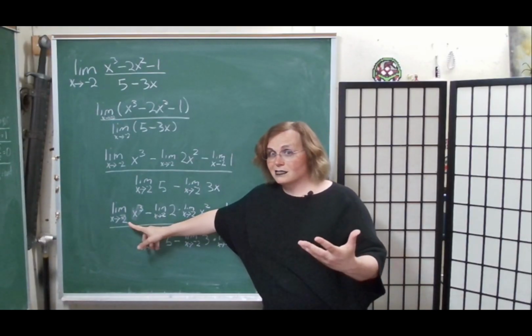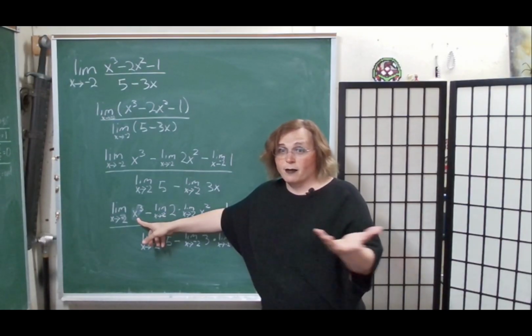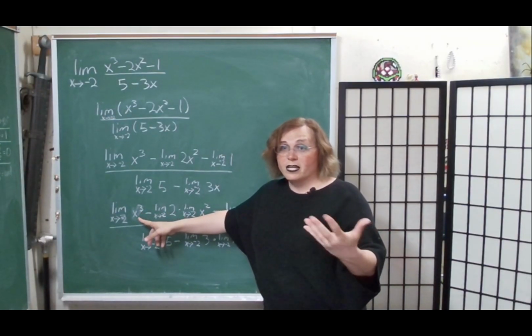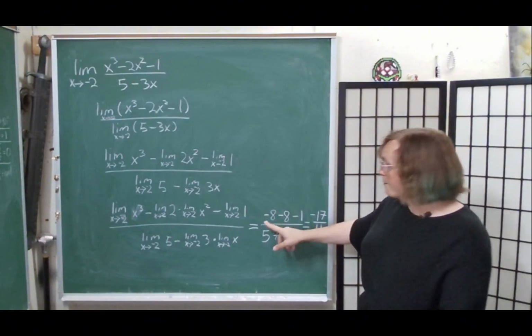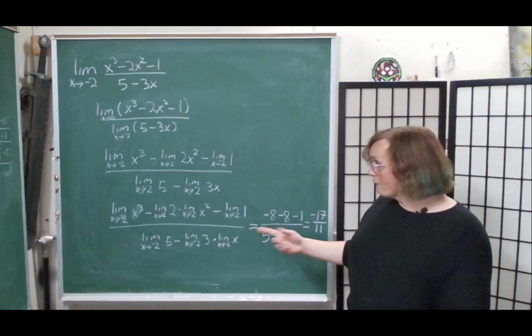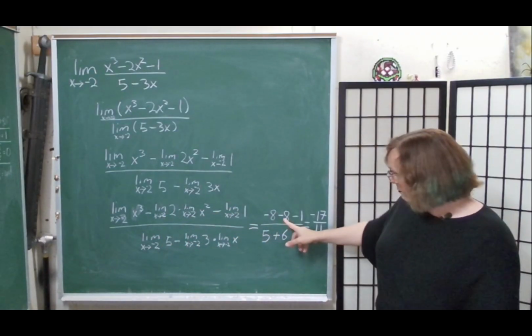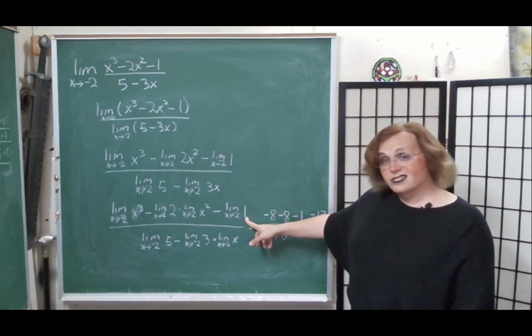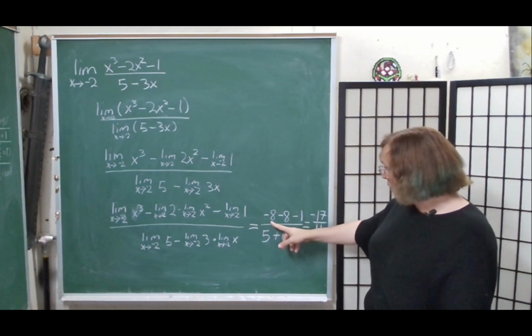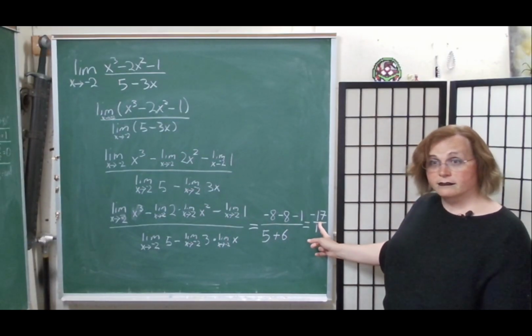Well, as x approaches -2, x would just become -2. -2 to the 3 is -8. Same thing happens here, -2 squared is 4. So 2 times 4 is 8. So we get -8. And then, of course, this is a constant, so it's just 1. So -8 minus 8 minus 1 is -17.